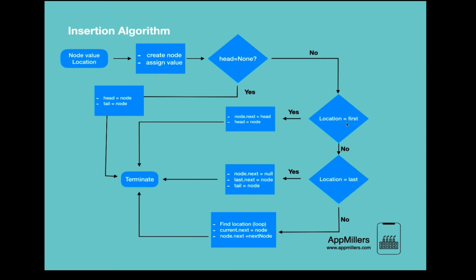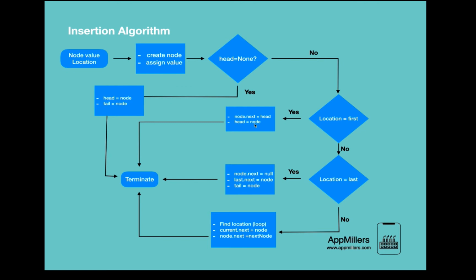So if we are inserting a node at the beginning of linked list, we will continue over here, in which we are updating the next reference of the newly created node to head and head to node. What does it mean? We know that the next reference of the node that we created is empty now. So we assign the value of head to it, which is the physical location of node 1 in our single linked list.